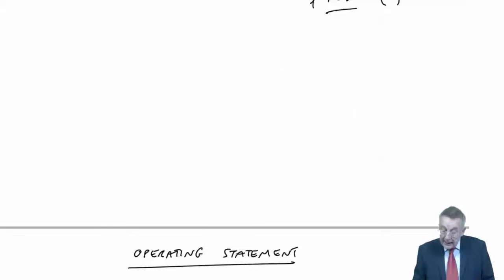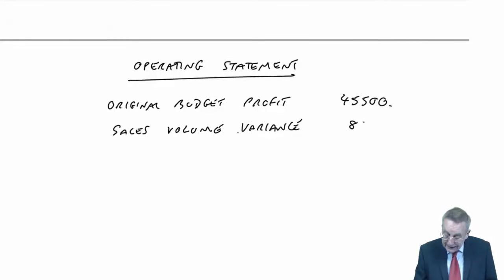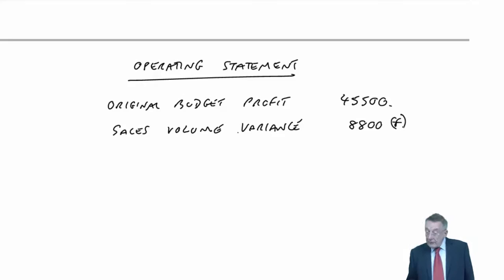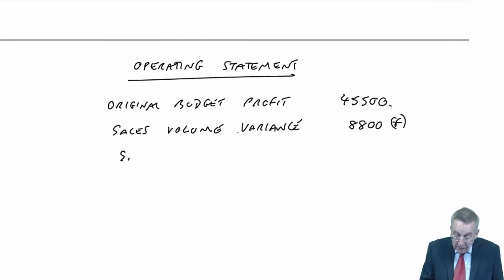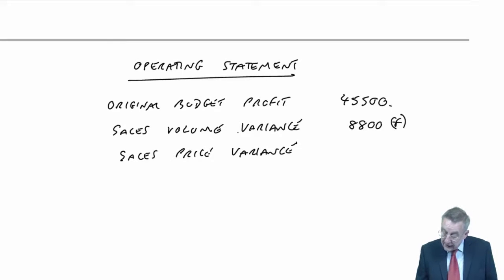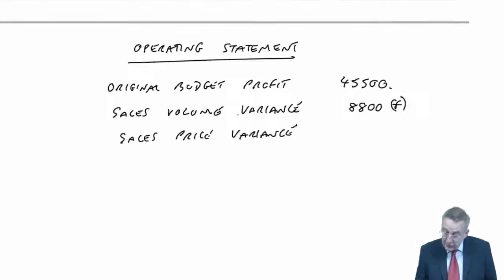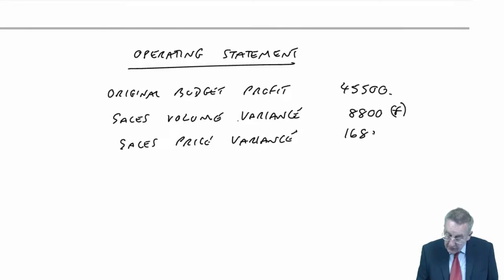Sales volume variance was 8,800 favourable. So that would have increased profit. We also had the sales price variance. Again, we've just had that, 16,800 adverse. That would have reduced profit.